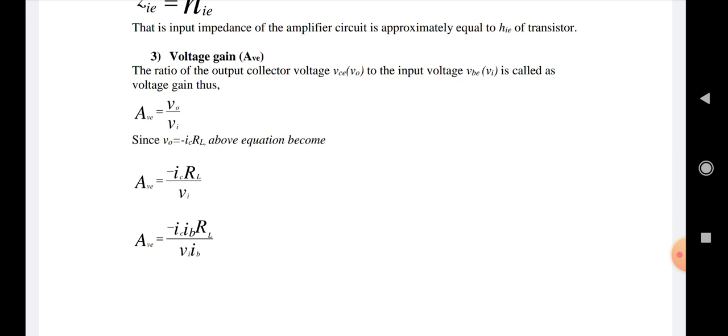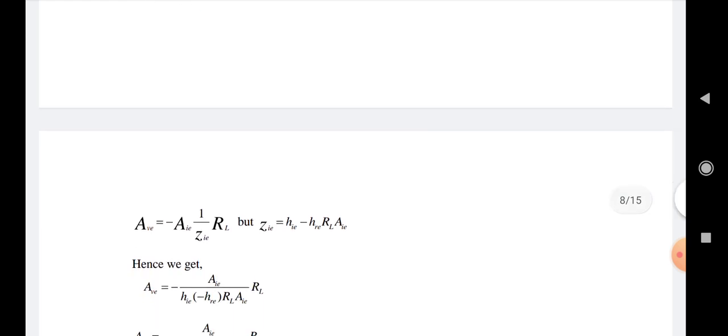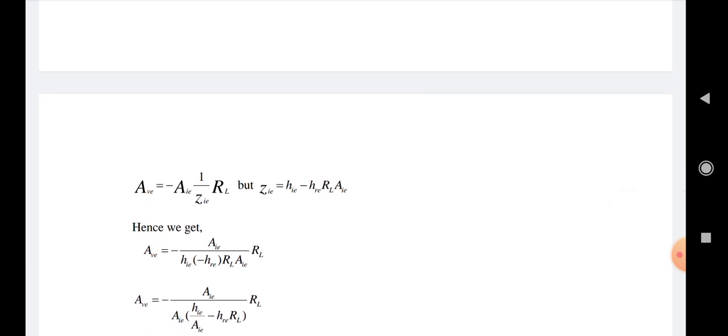Divide and multiply by I_b in the above equation, means A_ve is equal to minus I_c I_b R_L upon V_i I_b. A_ve is equal to minus A_ie into 1 upon Z_ie R_L, but Z_ie is equal to h_ie minus h_re R_L A_ie. Hence we get A_ve is equal to minus A_ie upon h_ie in bracket minus h_re R_L A_ie, R_L.